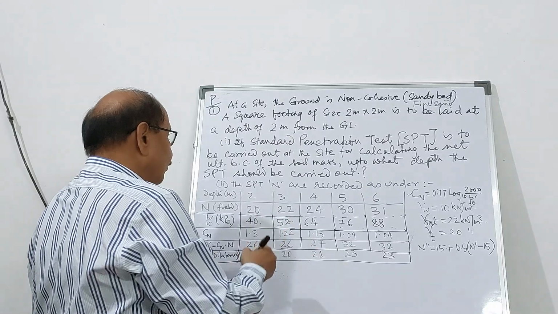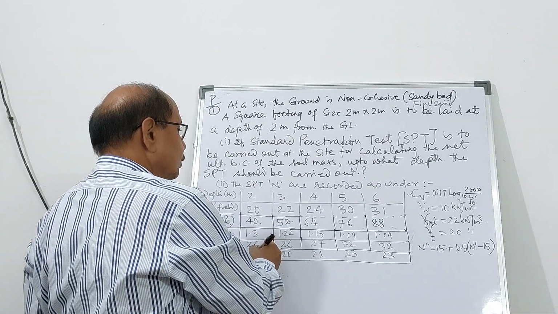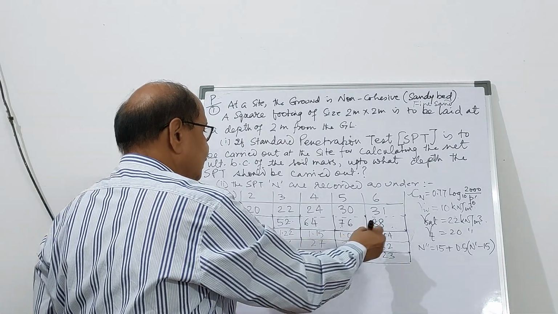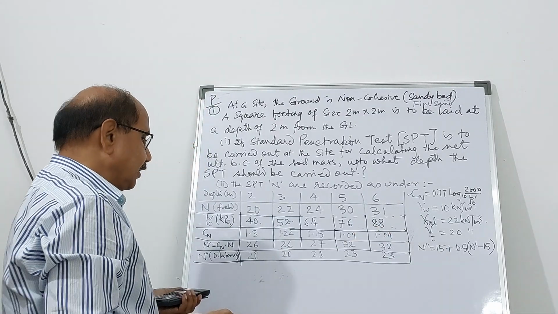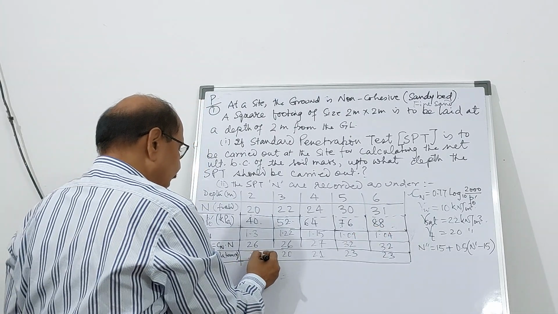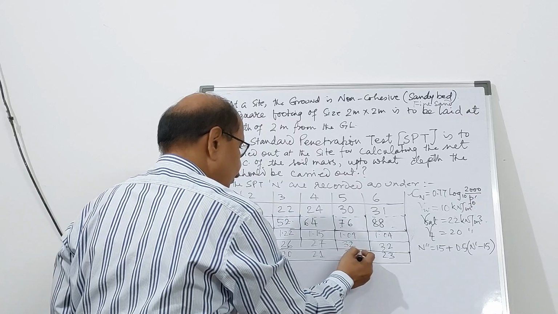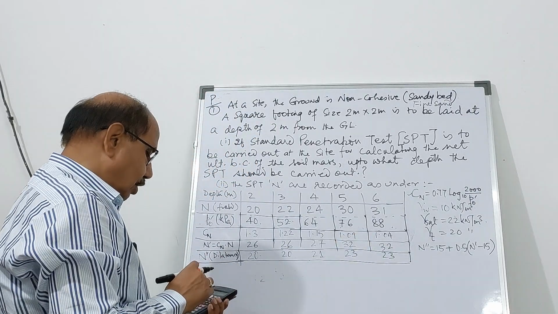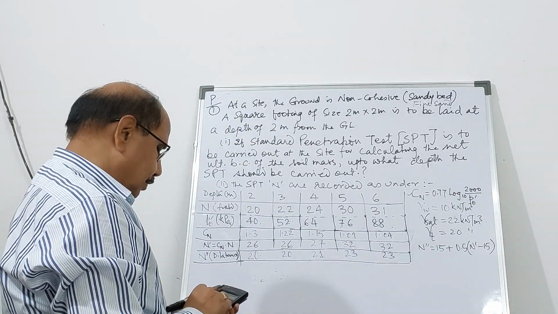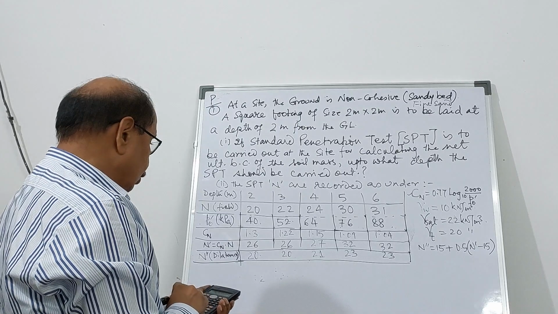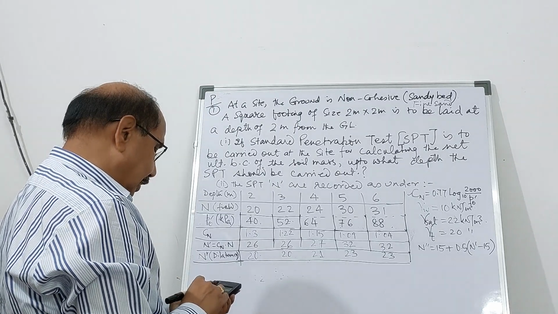Therefore, in the zone of influence, that is from 2 meter from the base up to 6 meter, how many values we have? 1, 2, 3, 4, 5. So let's add up and find out the value. 20, 20, 40.